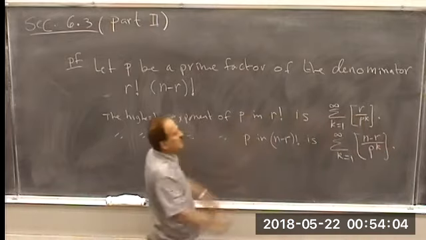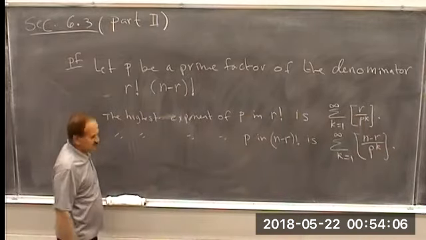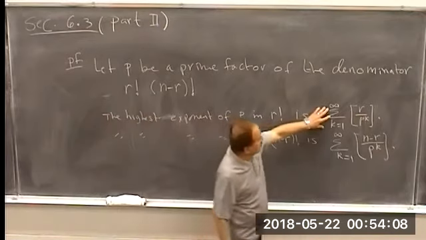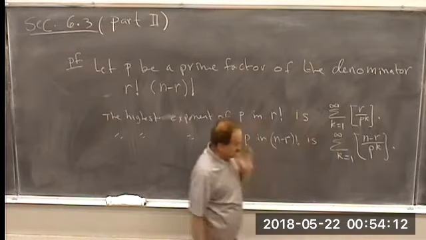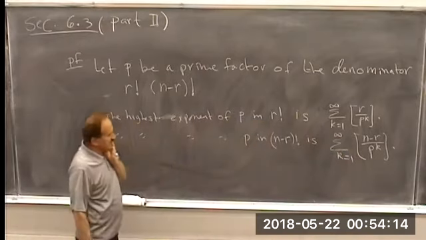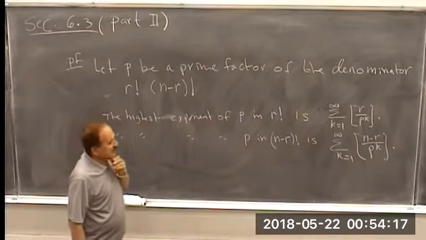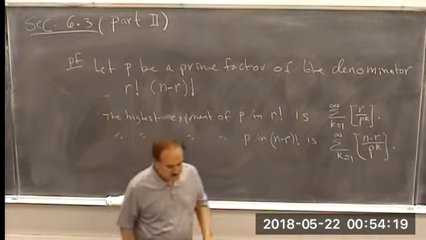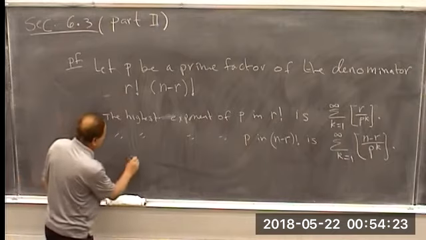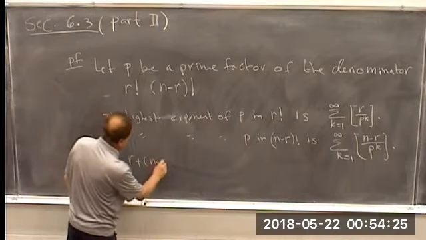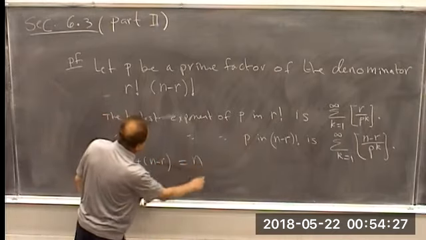Okay, so this sum runs maybe through different values. In other words, this becomes finite after so many steps, which is different than this. But we could use the same index k. All right. Now let's look at this identity. So we have r plus n minus r. We know this is equal to n.